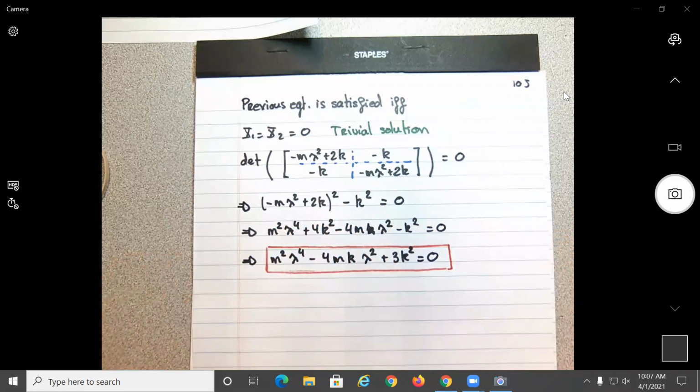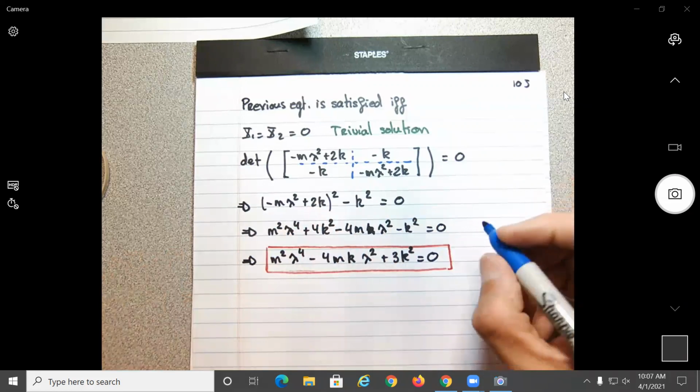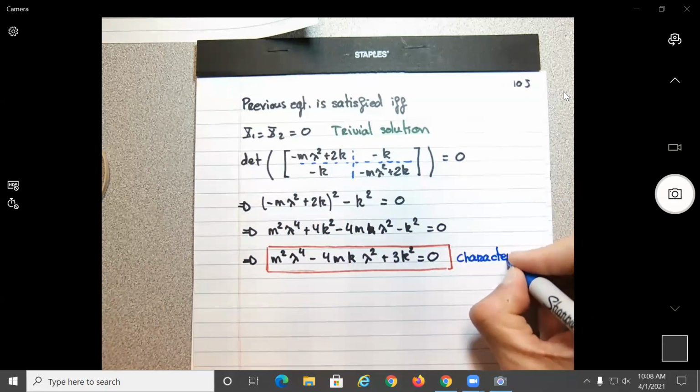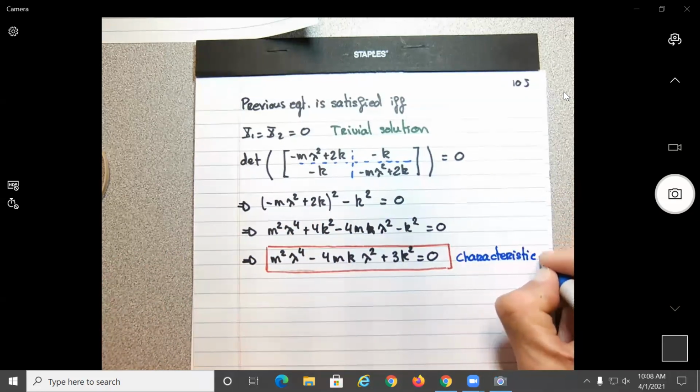This equation here is known as the characteristic equation.